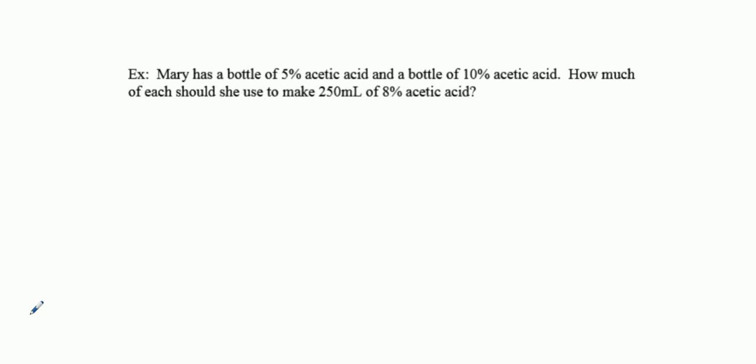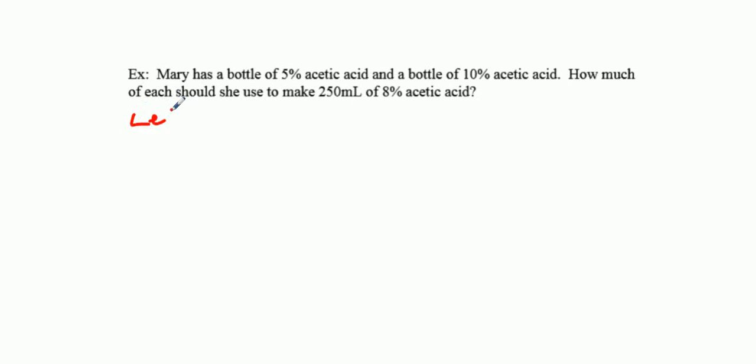Okay, so Mary has a bottle of 5% acetic acid and a bottle of 10% acetic acid. How much of each should she use to make 250 mils of 8% acetic acid? Okay, so how much of each is the question.